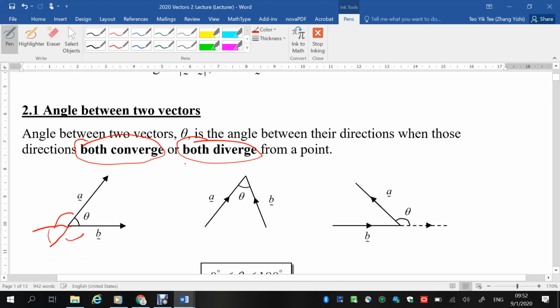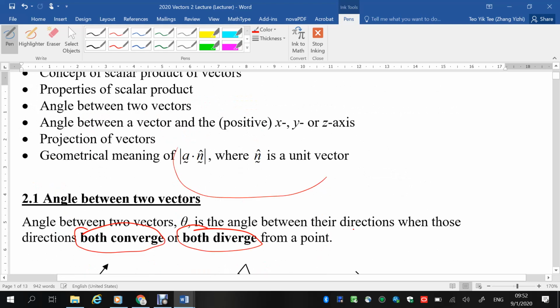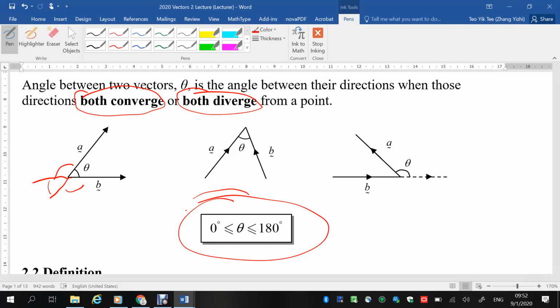Clear? Okay, so important thing, angle in vectors is in degrees. Angle is always in degrees and is between 0 and 180 only. In your complex numbers, your argument is in radians.